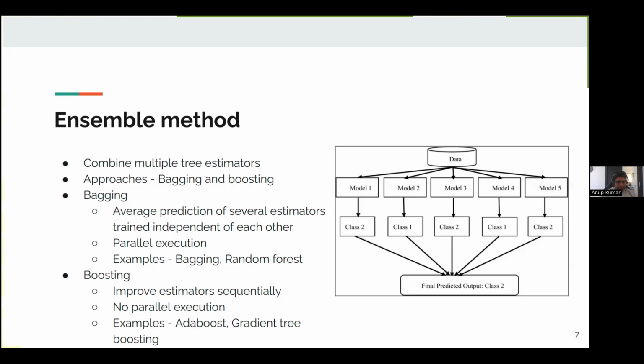Since this is sequential, it cannot be executed in parallel, and it takes more time for a model to do classification or regression. Examples of the boosting approach are AdaBoost classifier and regressor, and gradient boosting as well.